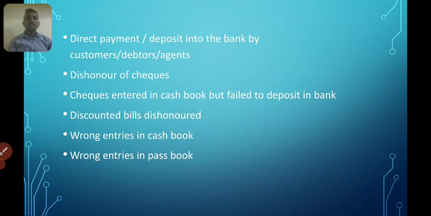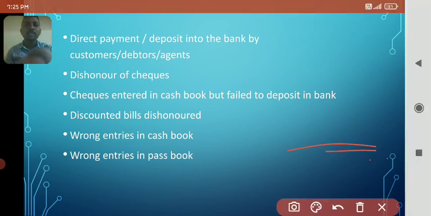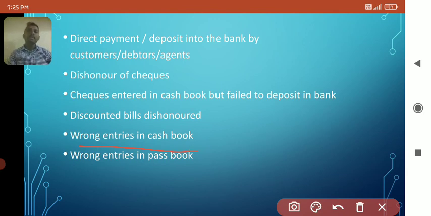And the next point, wrong entries in cash book. This is also a problem. Whenever there is a wrong entry in the cash book, there is a difference between cash book and passbook.